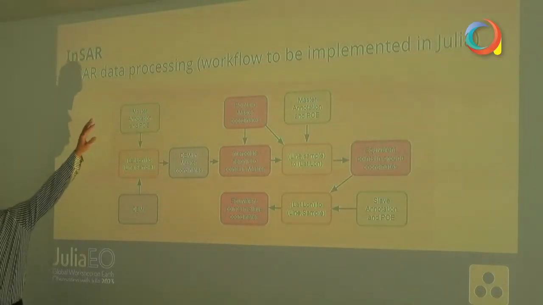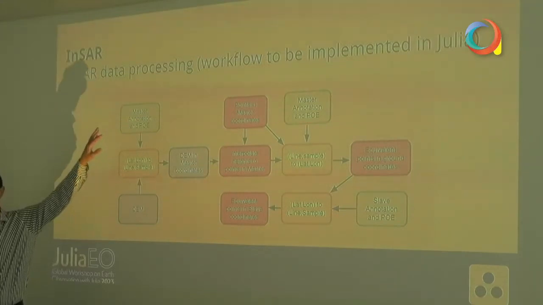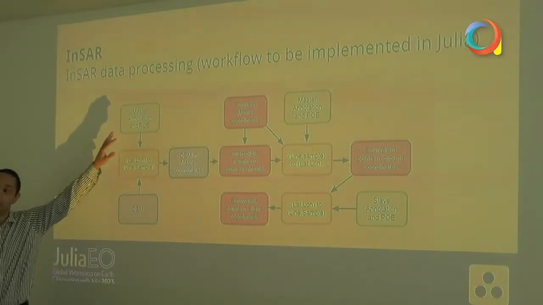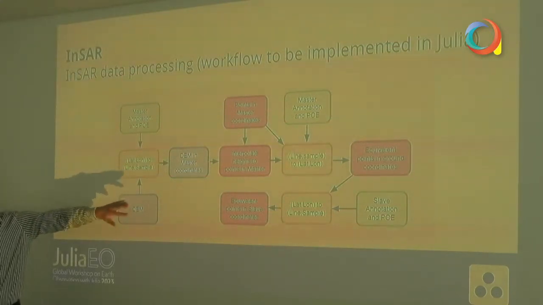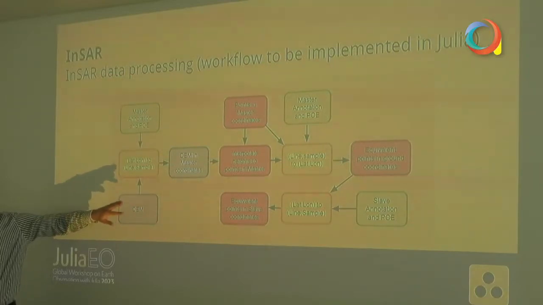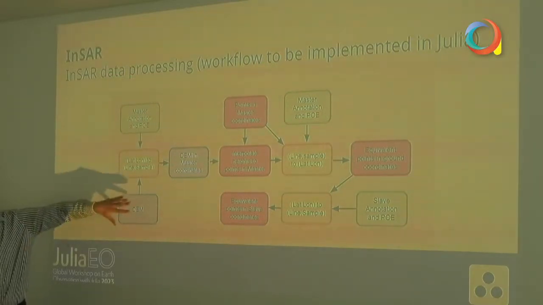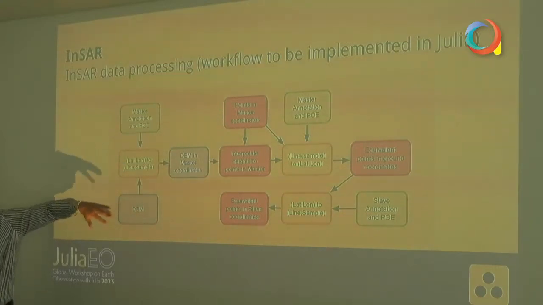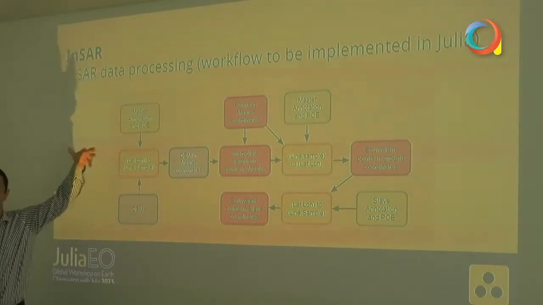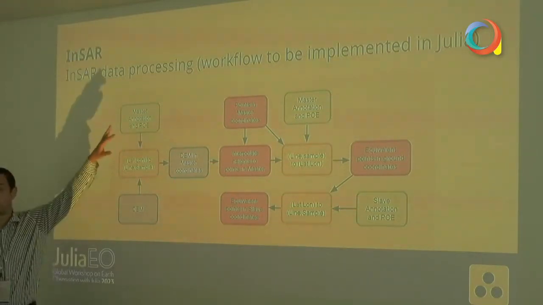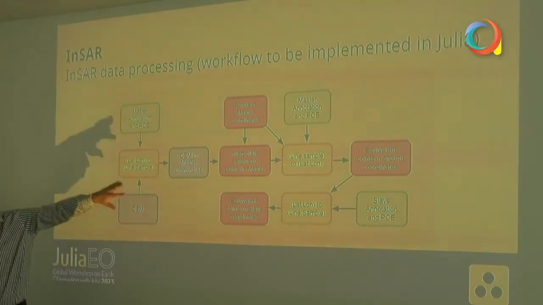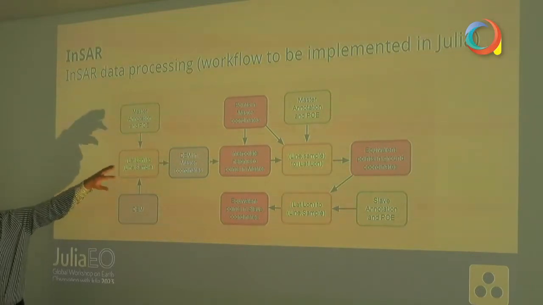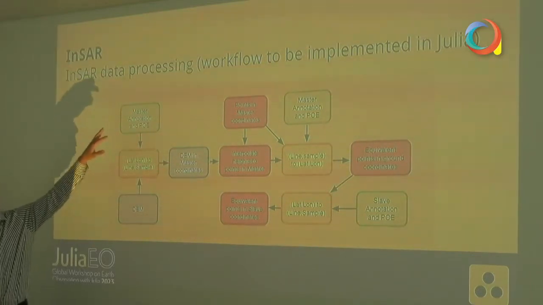So the way the processing is done is that first you take the information from the primary image, and together with that you also need precise information about the orbits of the satellite. You take that together with a digital elevation model, so you know the topography. Then you convert the digital elevation model onto the geometry of the primary image to get the heights of the pixels.